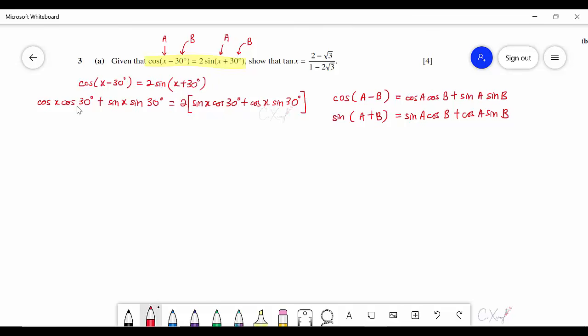As an example, cos 30 and sin 30 have known values. For cos 30, it will be square root 3 over 2.